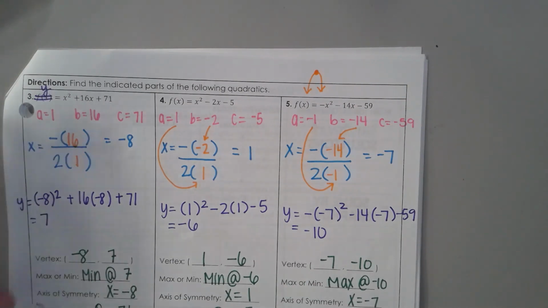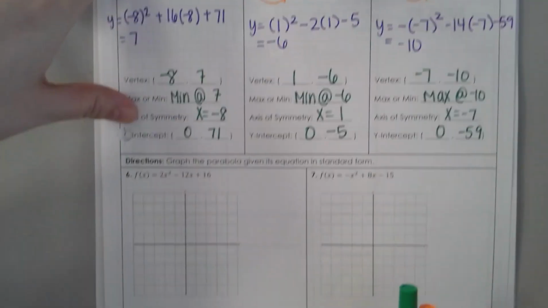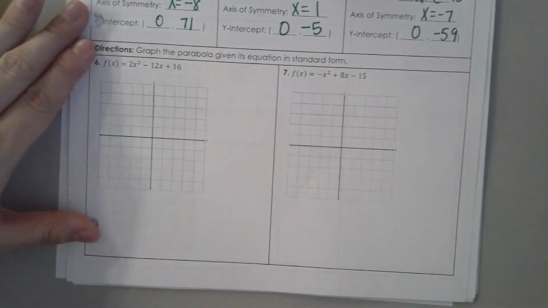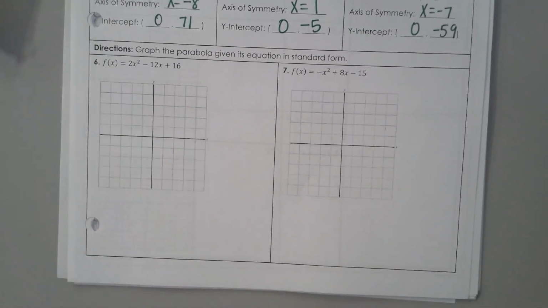So let's move on to number 6. And on these, we're going to do the graphing. In order to get a graph, you need to first find your vertex. Otherwise, you don't really know what numbers to plug in, where to start.